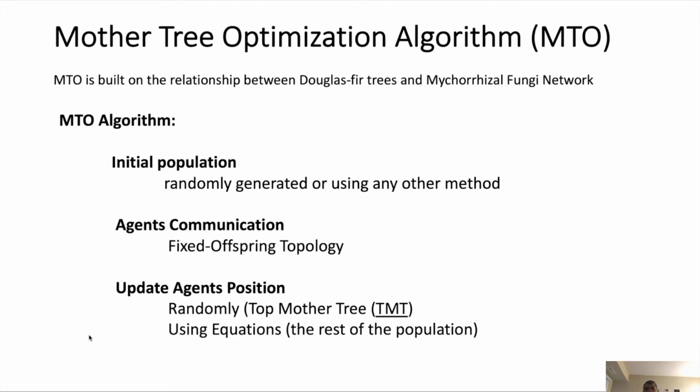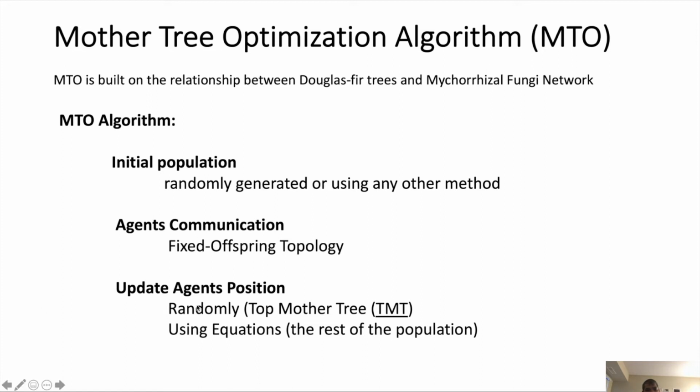The way that we built the mother tree optimization algorithm, the same as any other nature-inspired algorithm, is that we first initialize the population randomly or in some specific way in the search area, and then we set some rules for the agents to follow so they can update their positions.